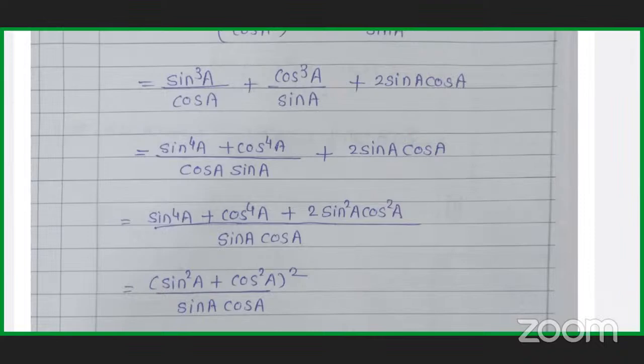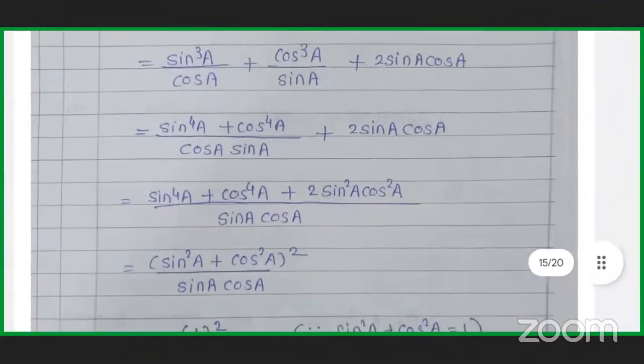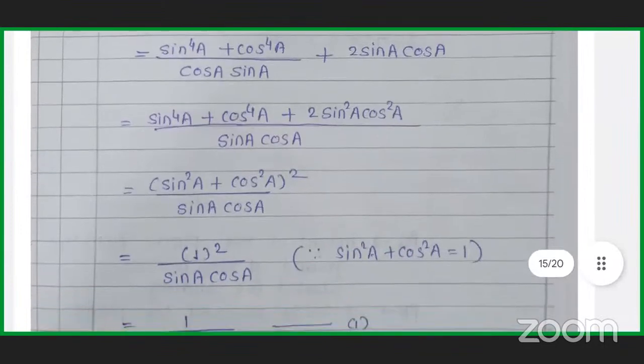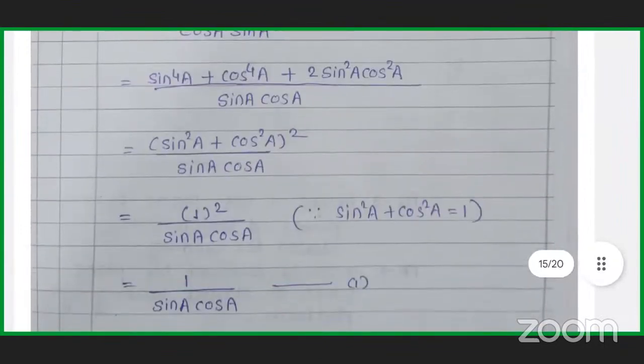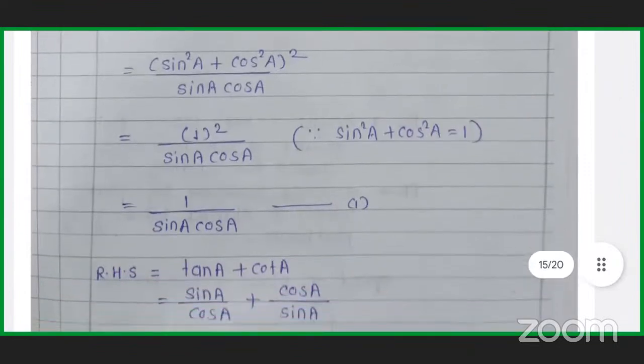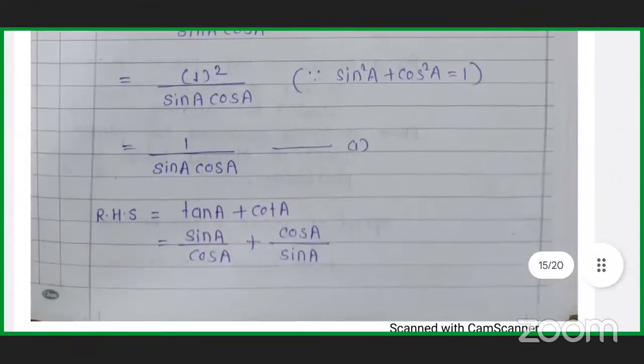So we write sin square A plus cos square A, whole raised to 2, upon sin A cos A. So what is our identity? Sin square A plus cos square A is nothing but 1. So 1 square upon sin A cos A. So 1 upon sin A cos A, we have to separate it, or we write here equation number 1.